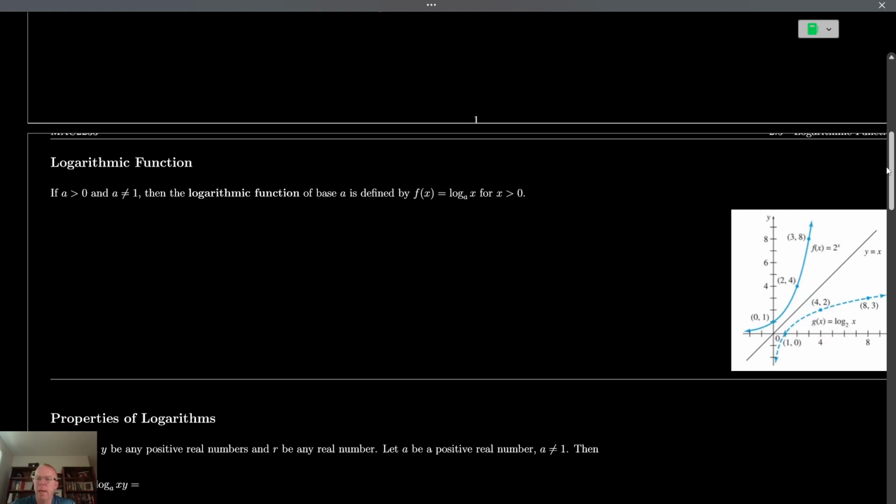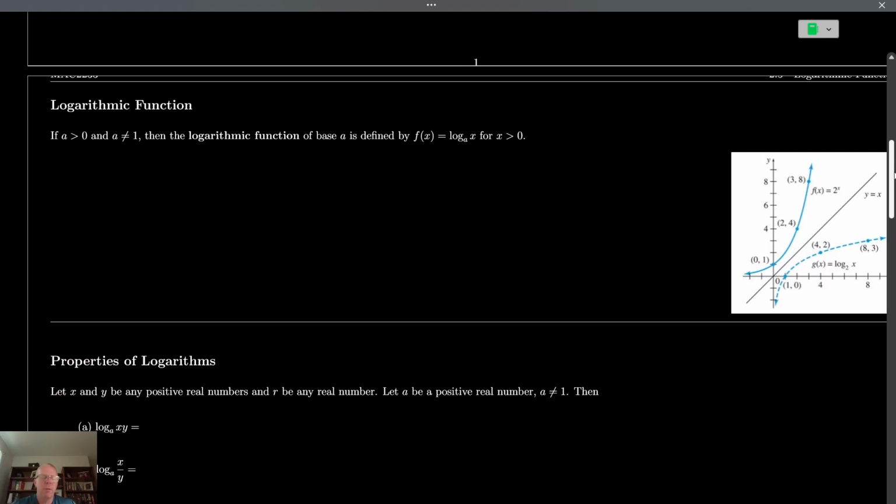One thing, it depends on your college algebra or precalculus course how much you get into these: the graphs of a log function. Again, a is greater than 0, a is not equal to 1. Notice that this is the same as the parameters around the exponential function. When we had an exponential function y equals a to the x, this is exactly what we said about a.